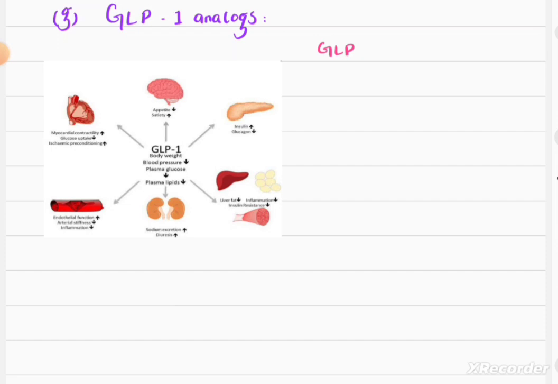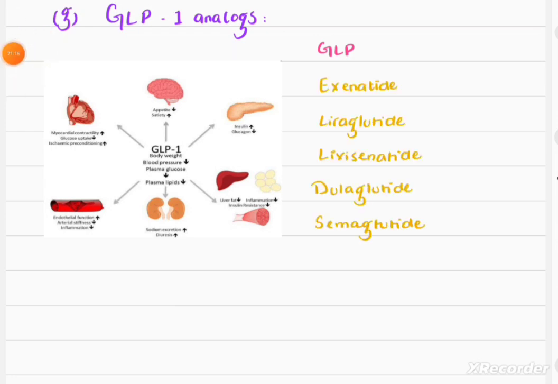The drugs in this class are exenatide, liraglutide, lixisenatide, dulaglutide, and semaglutide.